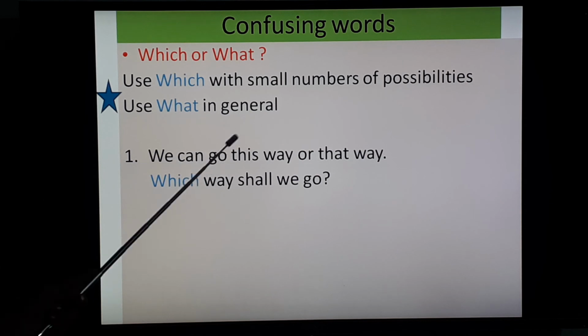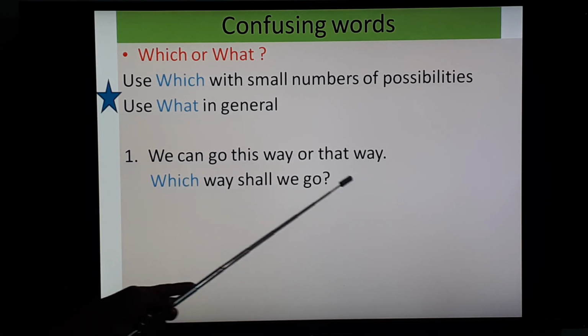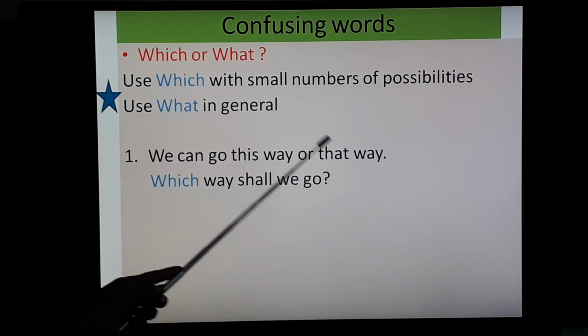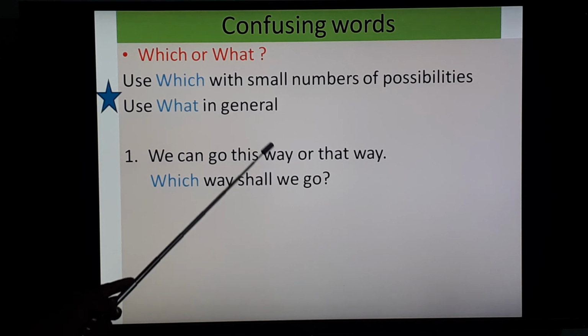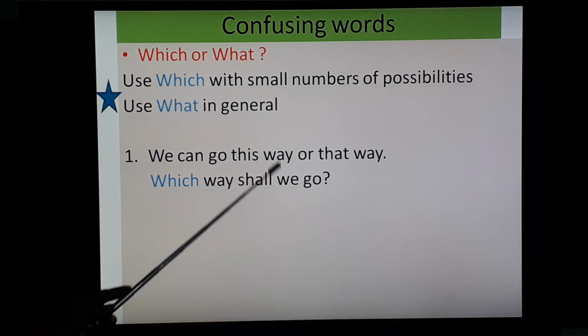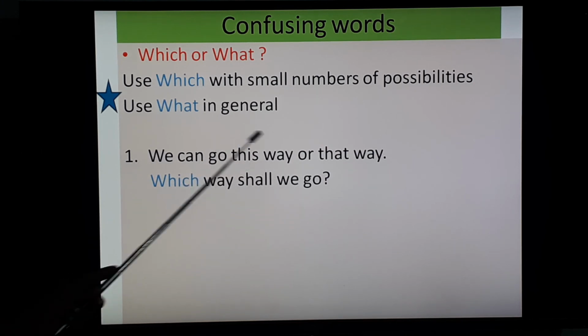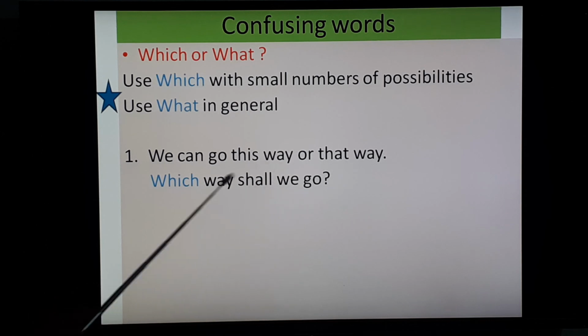We can go this way or that way. So here a choice is mentioned. Only two choices are given. That is why it is asked with which. Which way shall we go? We can go this way or that way. So in framing the question, use which.